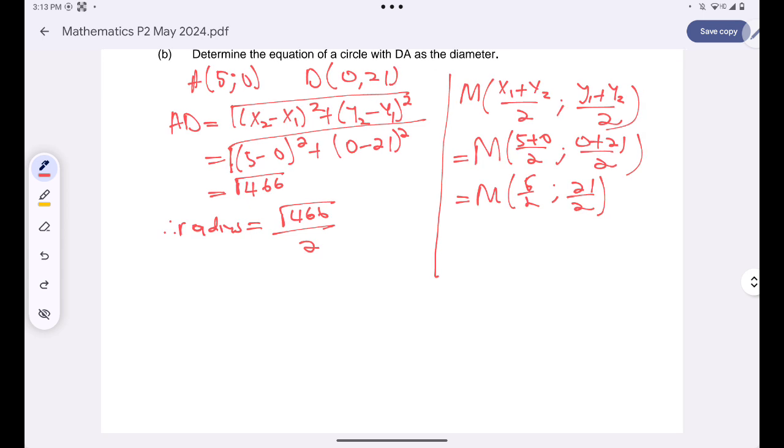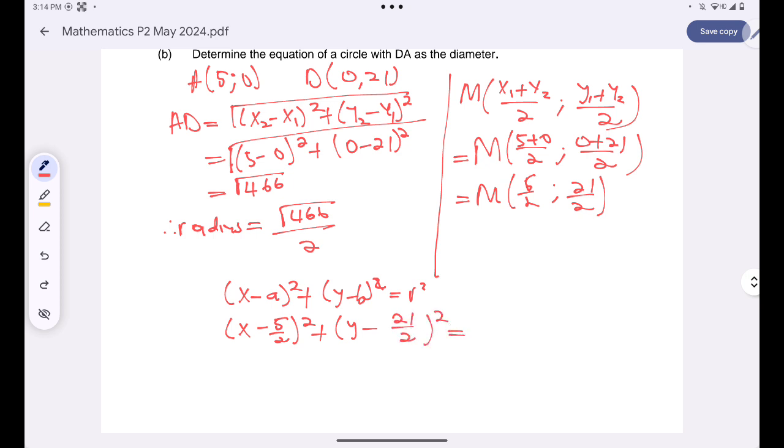So I have the coordinates of the center and the radius of my circle. So I can simply substitute in this equation that says x minus a squared plus y minus b squared is equal to r squared, where a is the x value at the center, 5 over 2, b is the y value at the center, and r is just my radius squared.